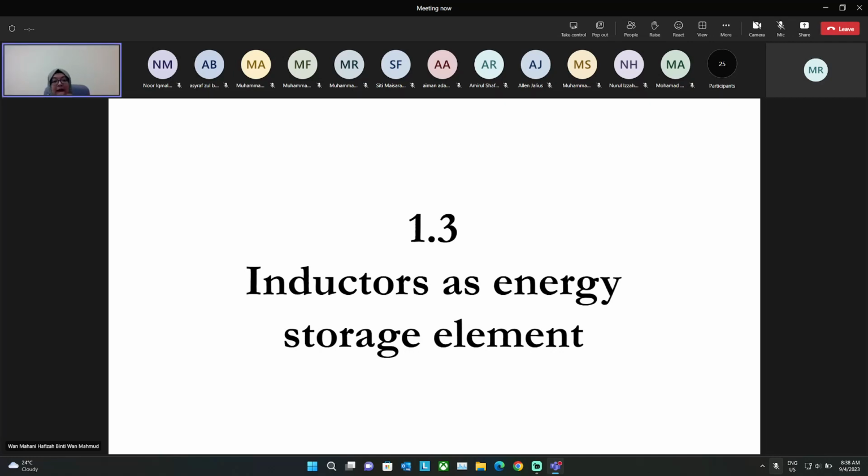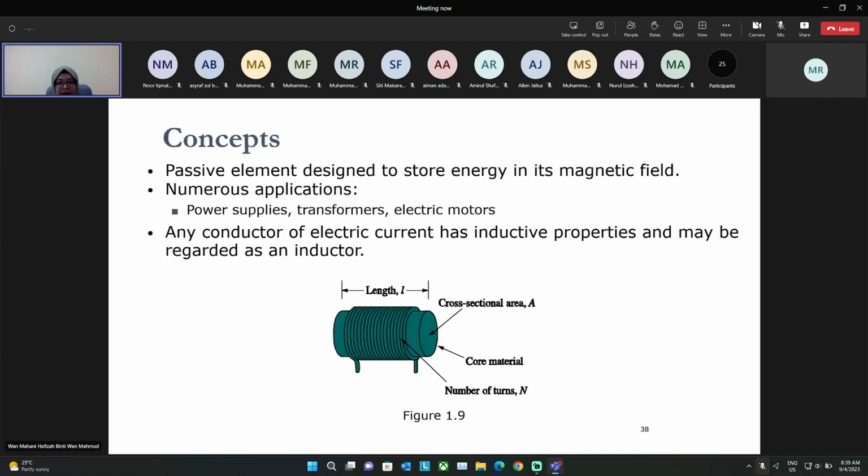And then we will look into some examples how to apply the equations. And then later on we will also look into how to solve the circuit if the inductors in series or parallel connection. Okay, tapi yang tu nantilah kita go for introductions of the inductors first lah, tengok working principle dia macam mana.